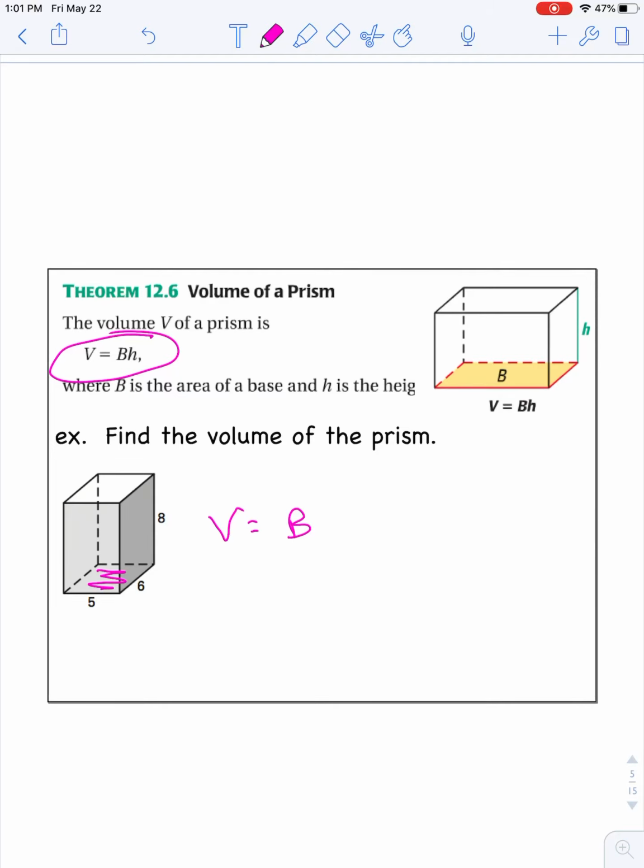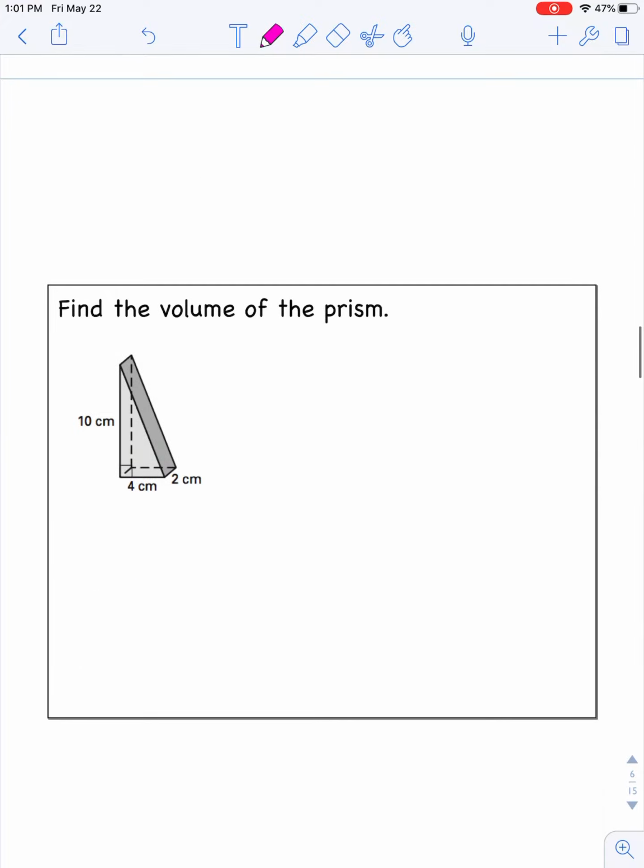So when we look at volume is the area of the base times the height, the base area is now lowercase b for base times the height. And then we have another height of the actual prism. So this is where it can get a little confusing. So I'm going to take 5 times 6, that's the area of the base, times the height, which is 8. So when we multiply those numbers together, we just get 240 units cubed. All right, moving on.